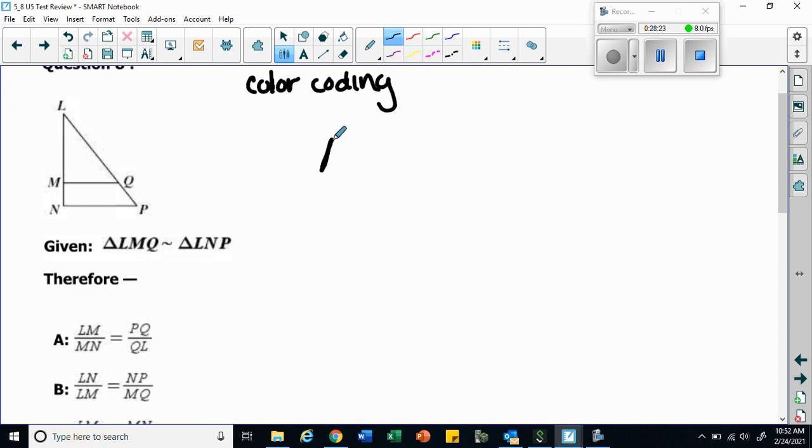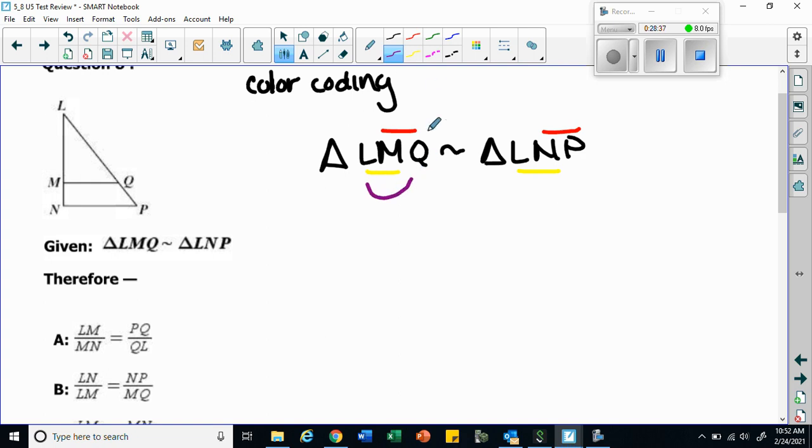So I'm going to rewrite the similarity statements here just so they're a little bit bigger. So I do yellow with yellow, red with red, purple with purple.